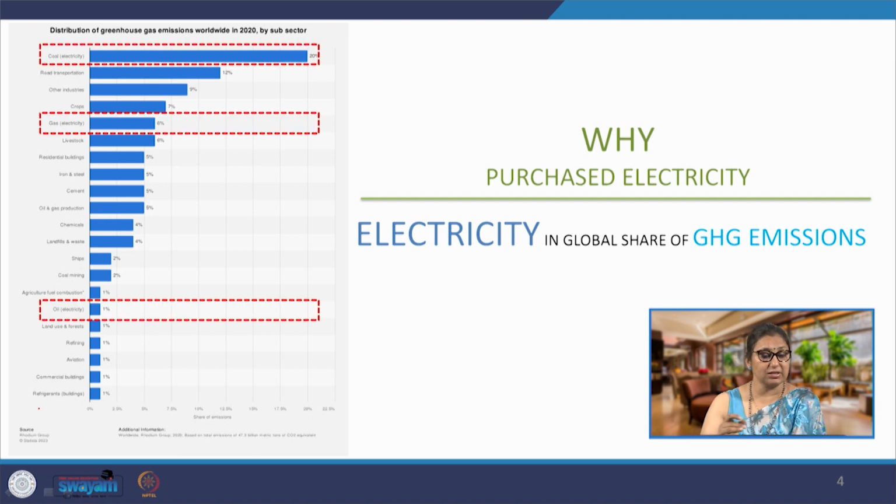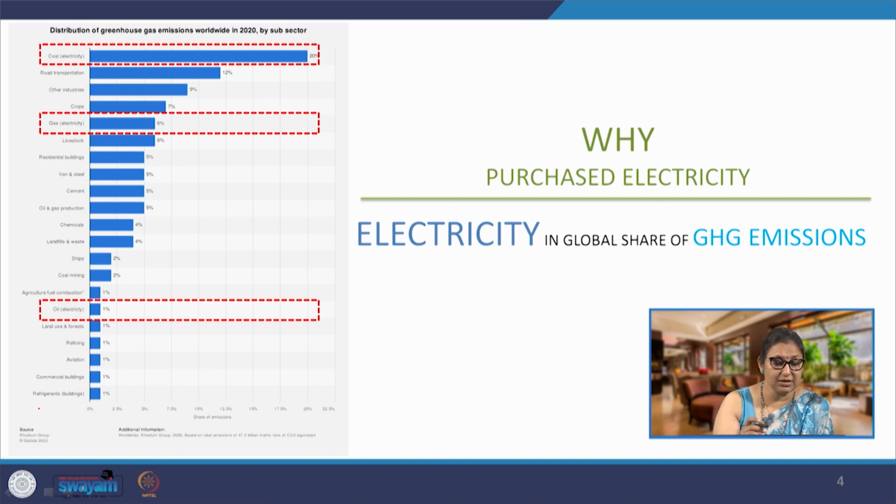If we look at the overall greenhouse gas emissions worldwide by different sectors, by subsectors, we can clearly see that the maximum amount of emission is actually coming from production of electricity. And where is this electricity going? We have seen that a significant share of this electricity is actually getting consumed in buildings.